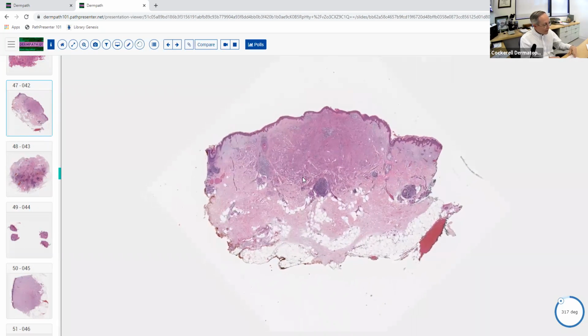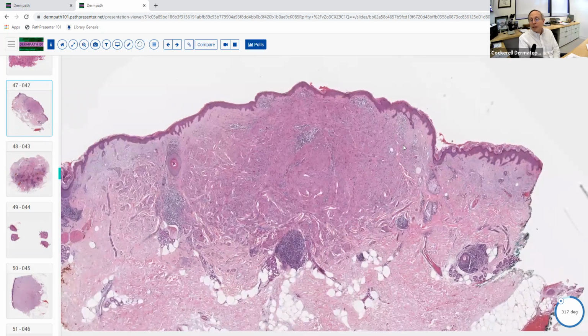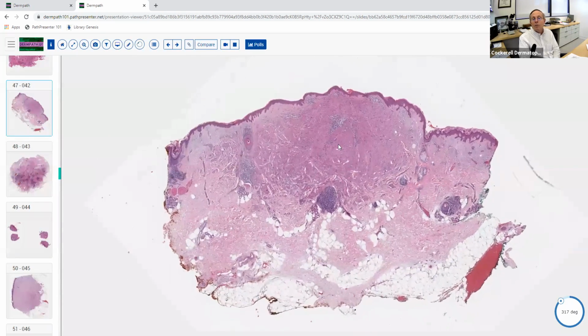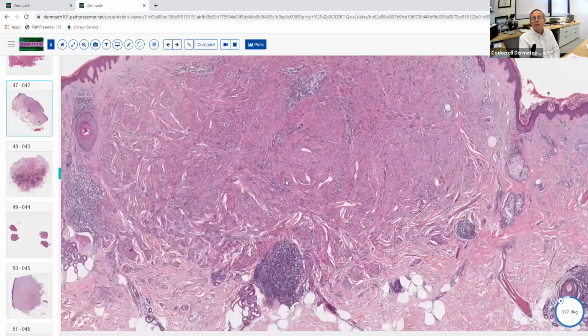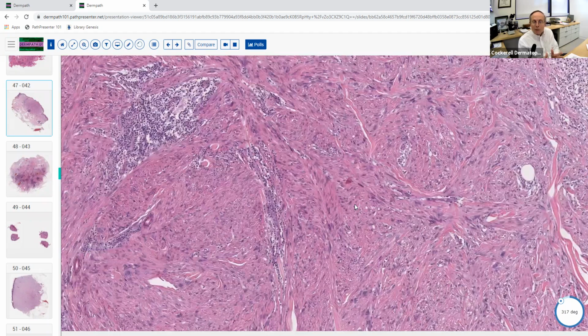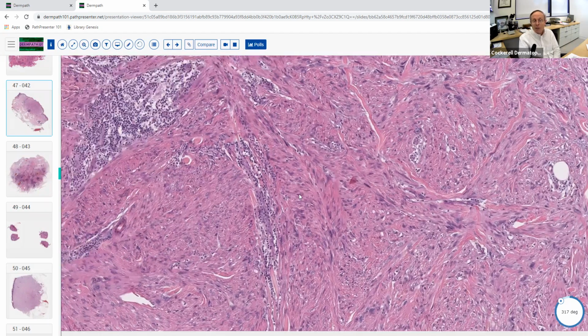Okay, the next case, number 42, is an excisional biopsy. And you can see it's a neoplastic process at low magnification. It's pretty big. It's probably maybe a couple centimeters in size across here or so. So it's a fairly large excision, and it shows this neoplasm comprised of cells that have a pinkish appearance, not really red, but pushing towards red, and it's a spindle cell neoplasm.